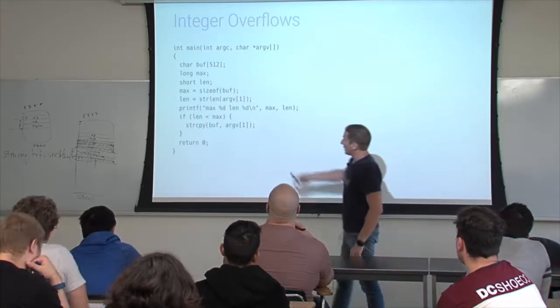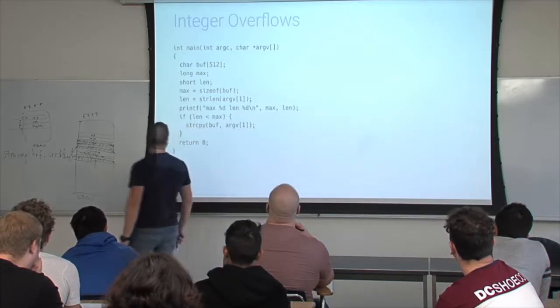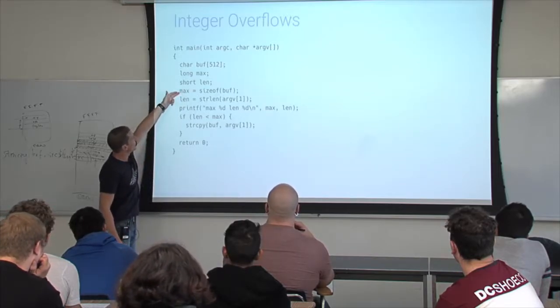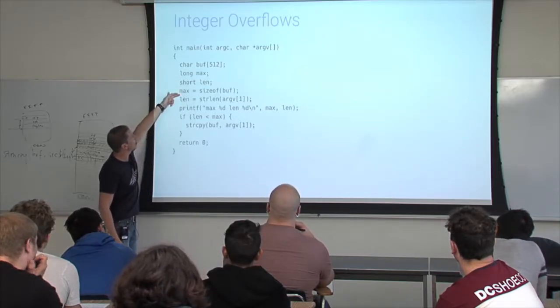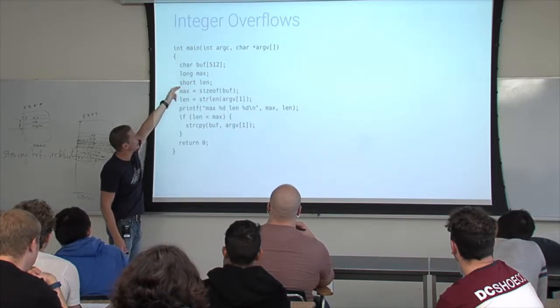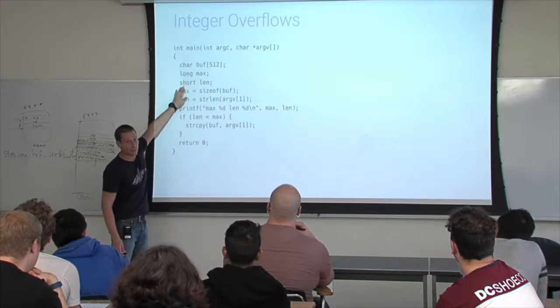This is a classic example of a buffer integer overflow. So here max is the size of the buffer, and the length is actually taken from the parameter, but is a signed value. Okay.